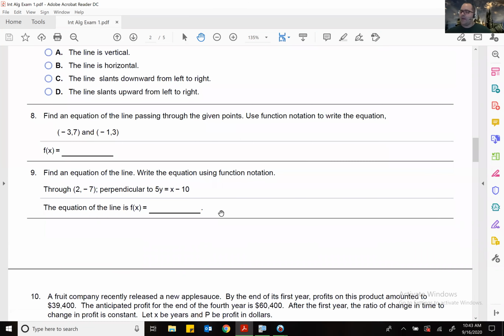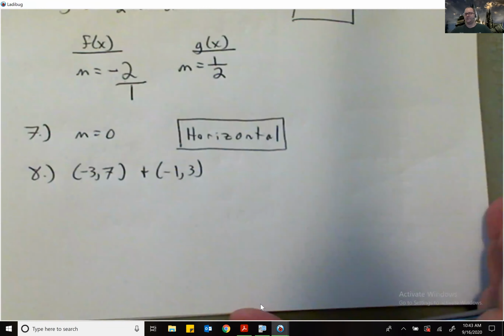All right, number 8. Let's write an equation. So we've got these 2 points, -3, 7, and -1, 3. How are we going to write the equation to this?